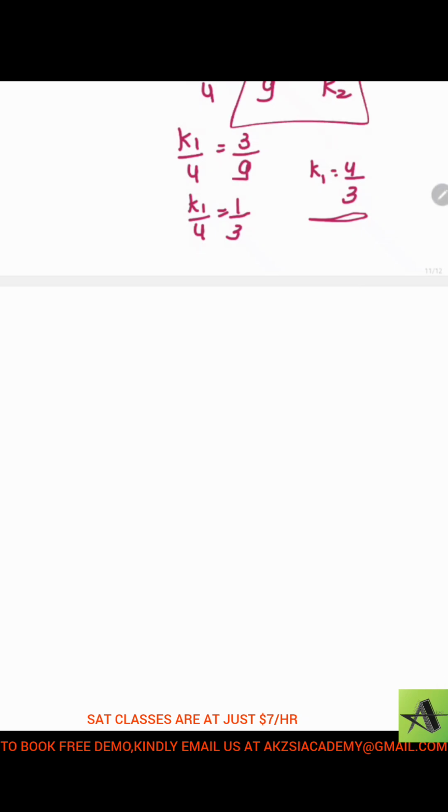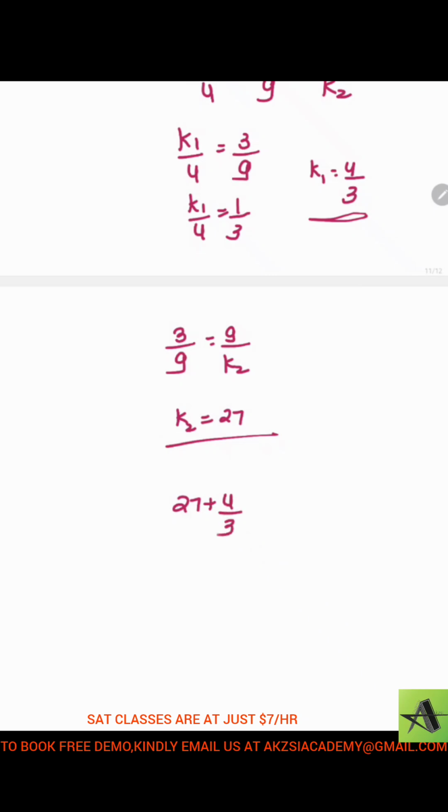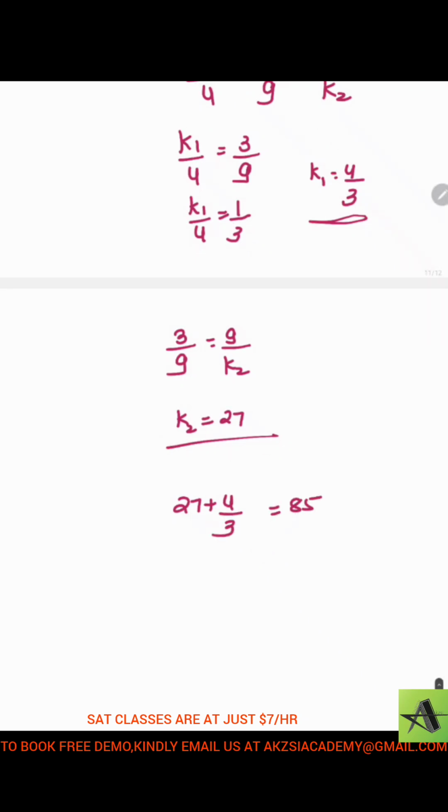So on equating these two, I'll get 3 over 9 is equal to 9 over k2. Our k2 is, you can say, 27. So what is k1 plus k2? It's 27 plus 4 over 3, which is 85 over 3.